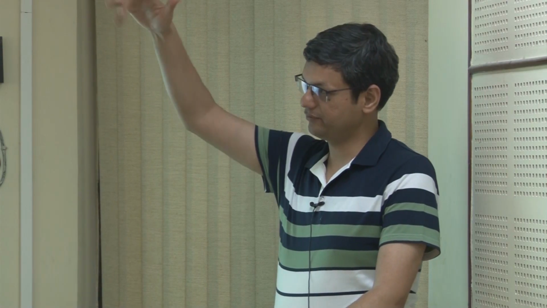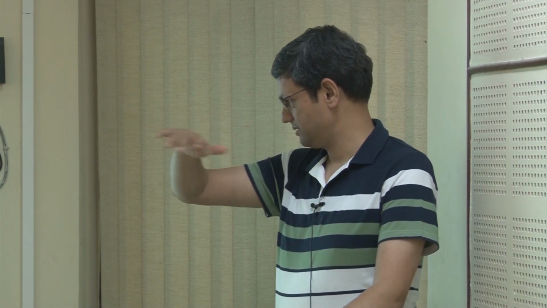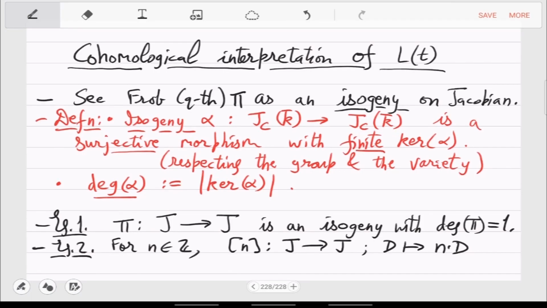Anyways, if you restrict to the finite field, then J is a finite object. It's a finite group. So you go to a big enough field where all the nd equal to 0 are present. So that also is intuitive that this is an isogeny. n is an isogeny.